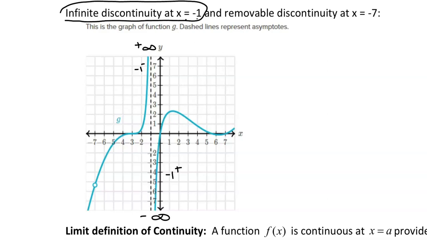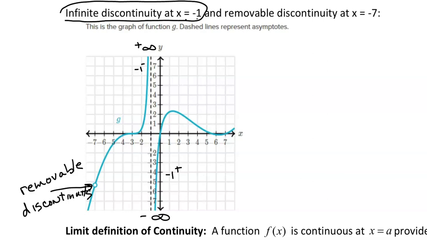But then right here at -7, when I have this hole, this is called a removable discontinuity. And we had discussed that in the notes. So notice the difference. A removable discontinuity, the function has a limit there. Its limit is the y value where the hole is existing.